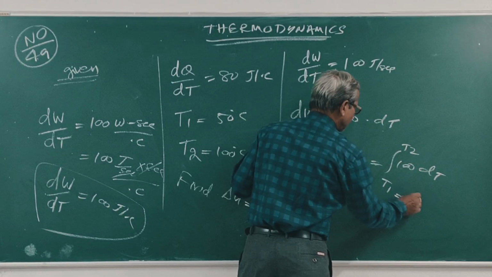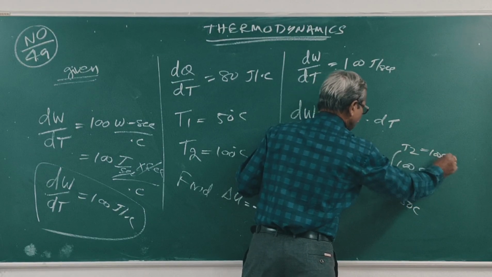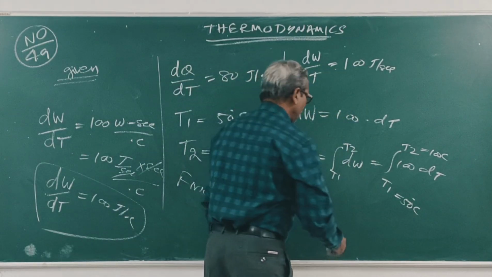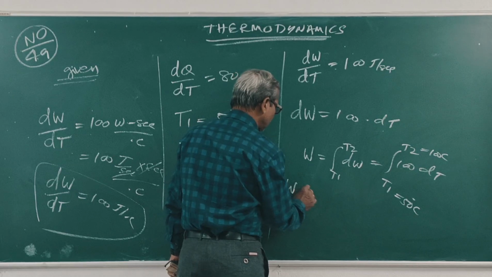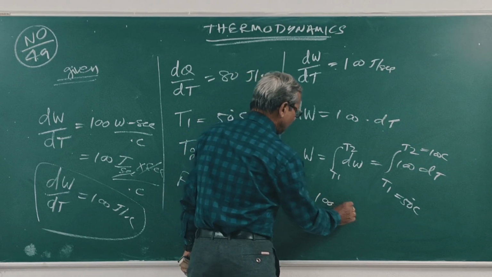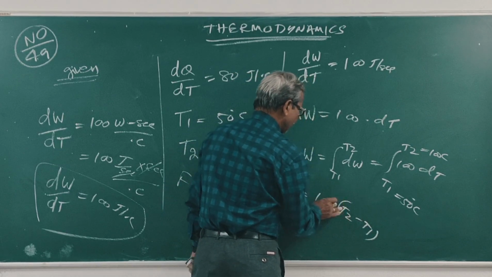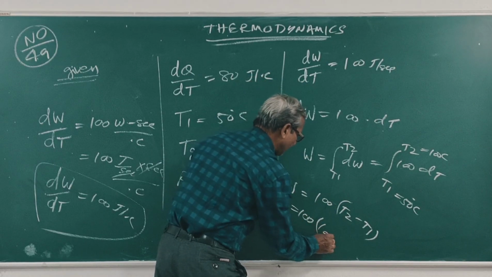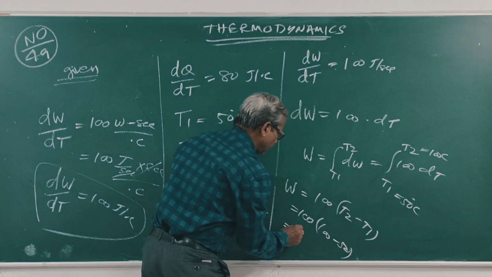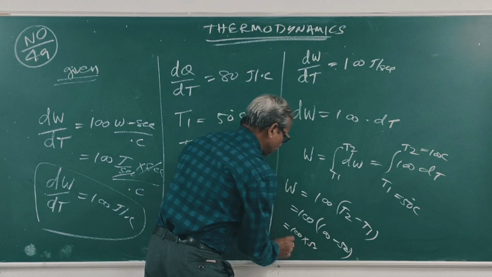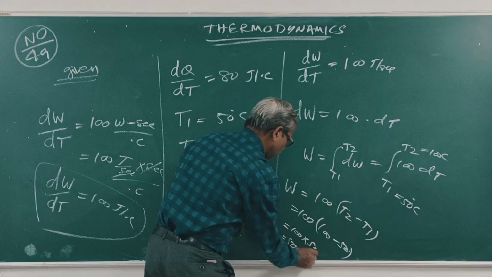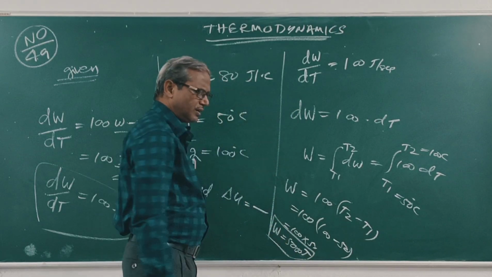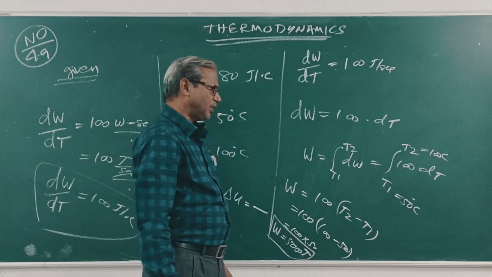T1 is 50 centigrade, T2 is equal to 100 centigrade. So W is equal to 100 into (T2 minus T1), that is 100 into (100 minus 50), 100 into 50. W is equal to 5000 joule. Right? 5000 joule. Now heat transfer.